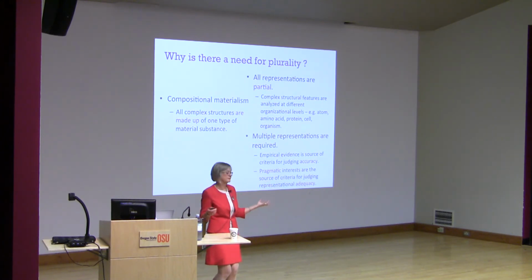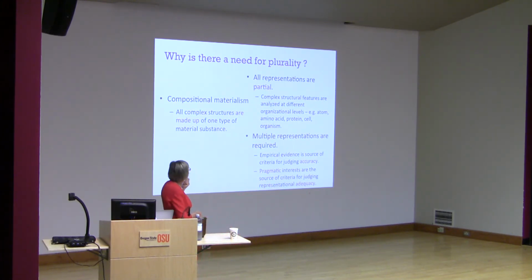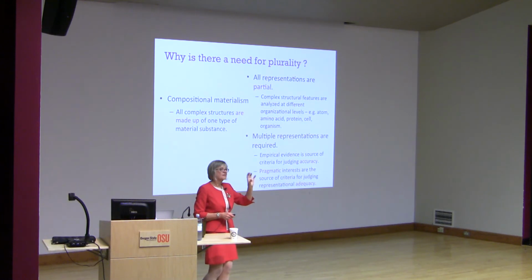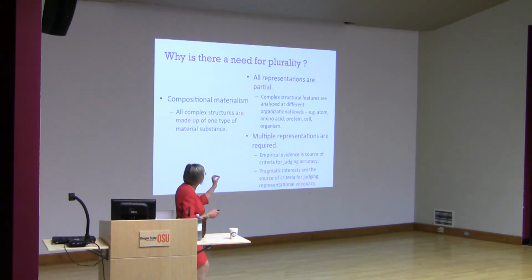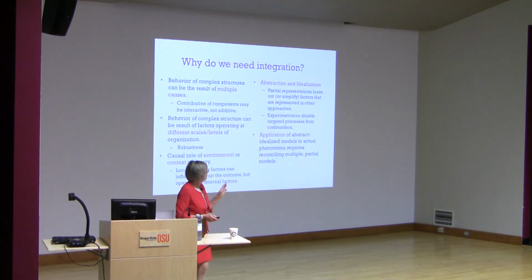We're all made out of atoms, right? However, if you look at complex systems and we try to use different representations, by the sheer nature of that, those representations have to be partial. They can't be completely encompassing the real entity. So we need these multiple representations in order to get at the picture of what the world looks like.